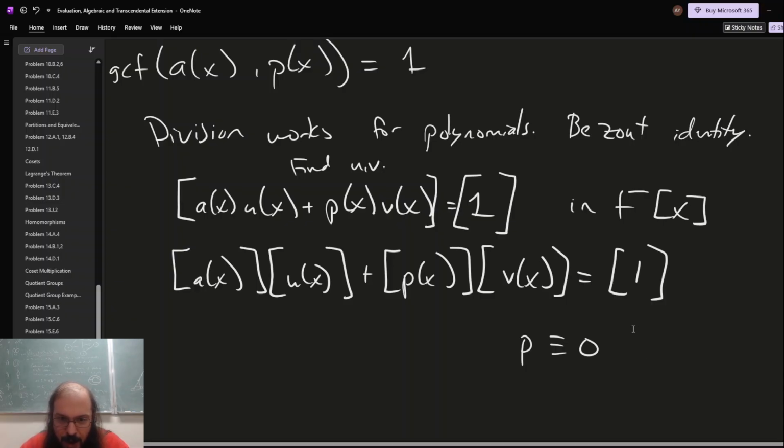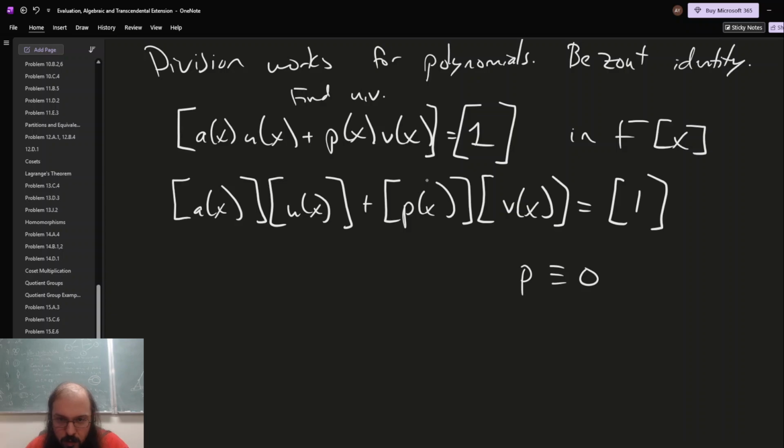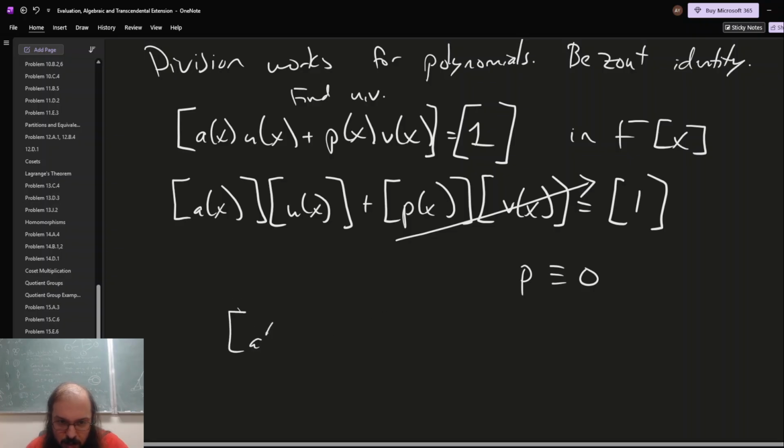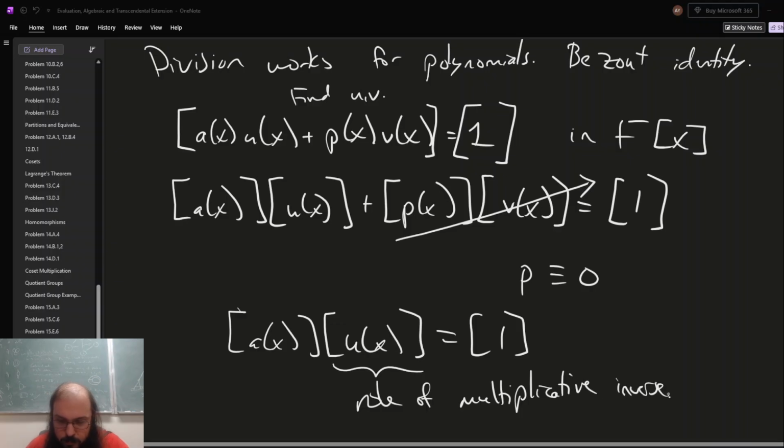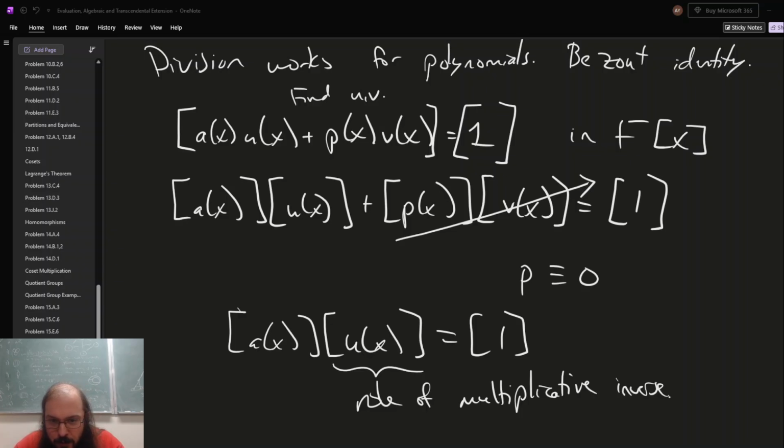And so this stuff over here cancels. And so what we see is that the polynomial that was furnished to us by the Bezout identity plays the role of the multiplicative inverse. All right. And so we found a class, right?